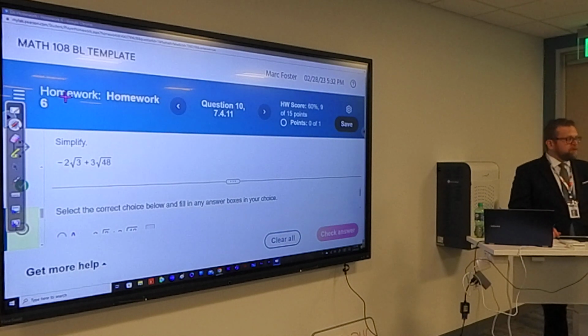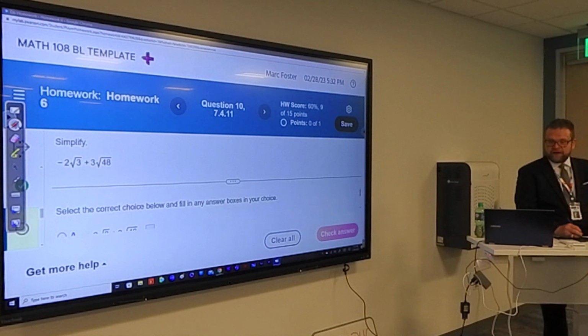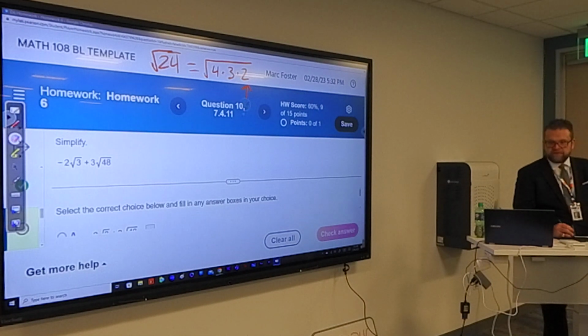This is your example you were looking at earlier. Because when we were looking at that problem earlier, it was the square root of 24. And that had factored like 4 times 3 times 2. And you said, what if this was a 4 instead? That would simply mean you had another 2.